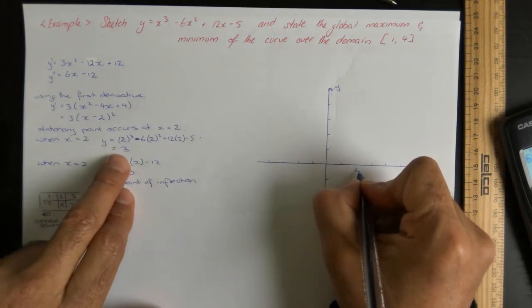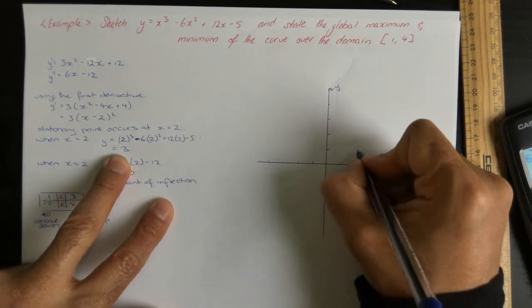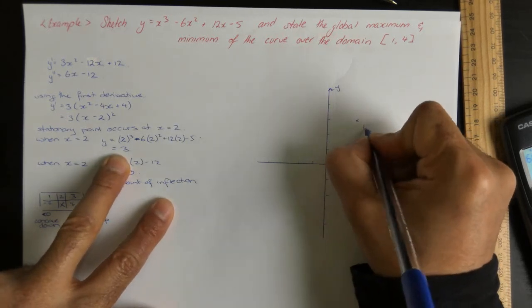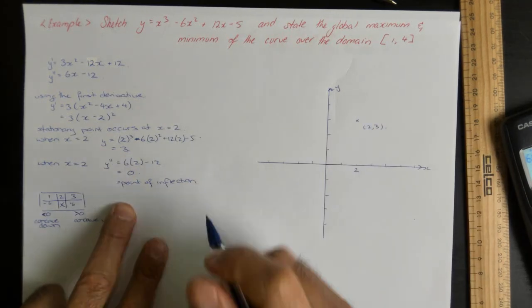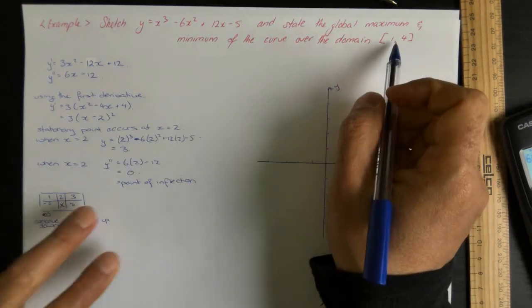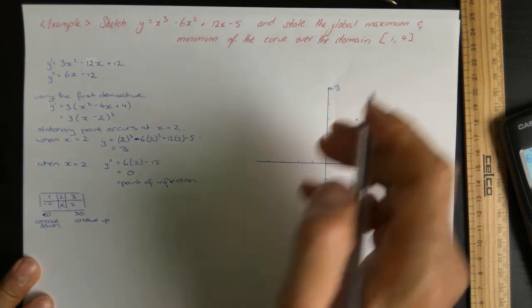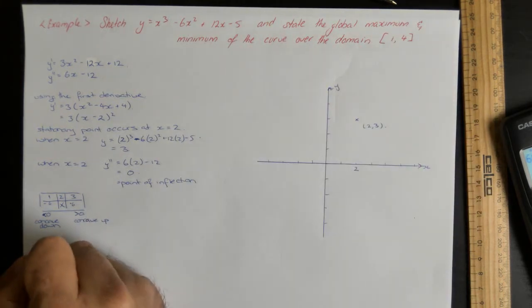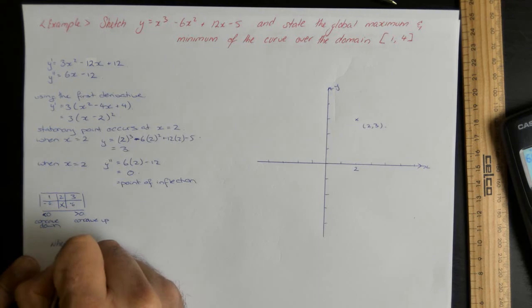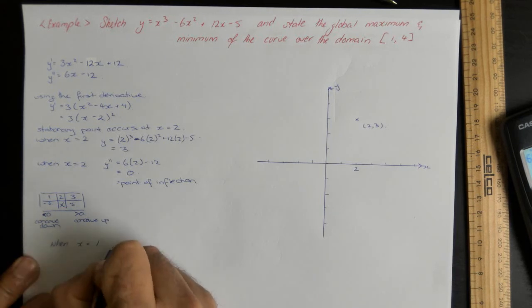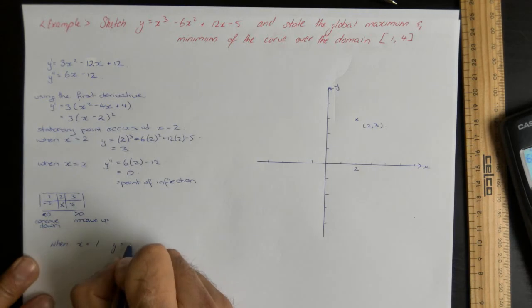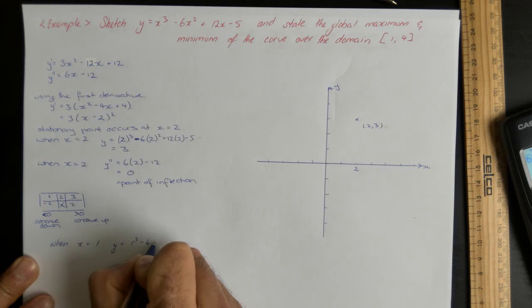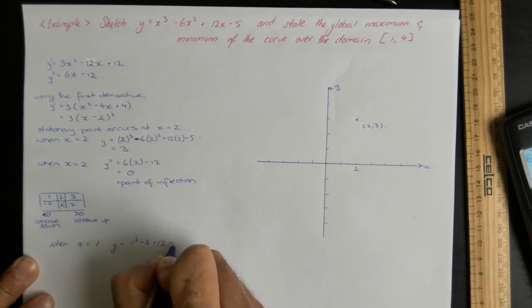When x equals 2, y equals 3. We can plug in some values just to make it nicer. So when x equals 1, we get 1 cubed minus 6 lots of 1 plus 12 minus 5.